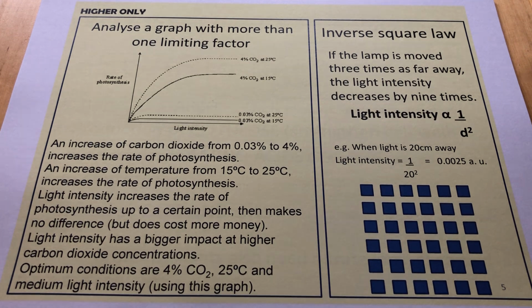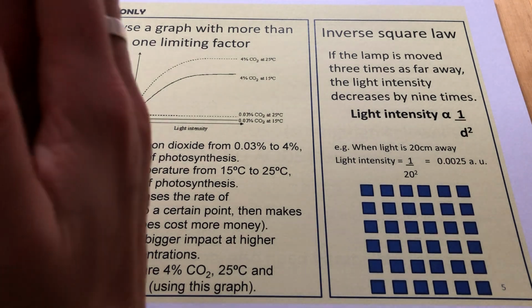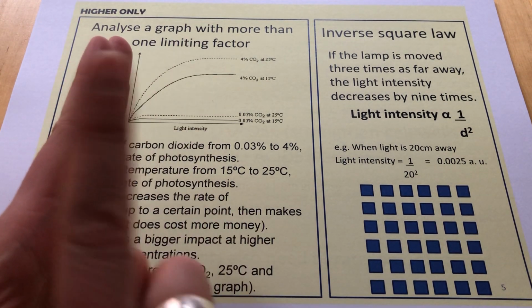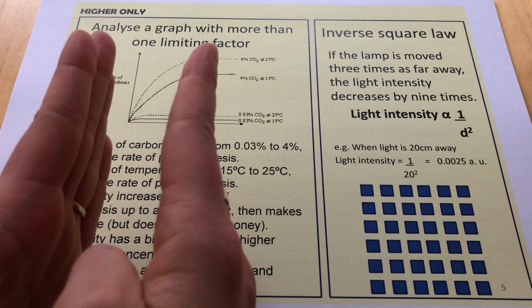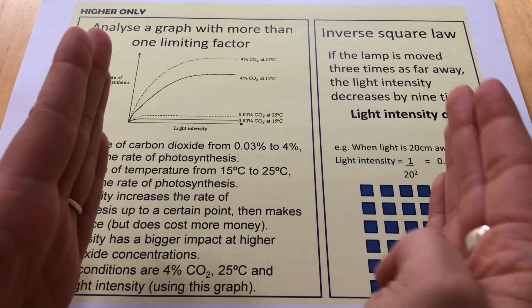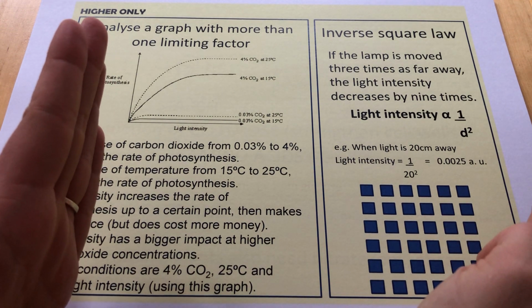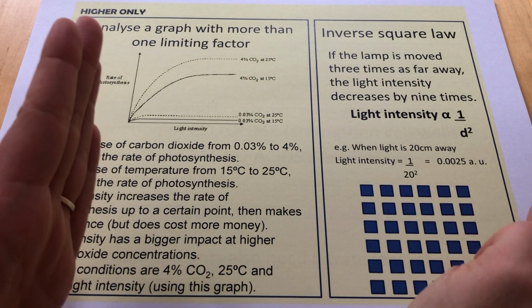Okay, so moving it 3 times away, I move it 3 times further away, 1, 2, 3, it will actually be 9 times less bright.